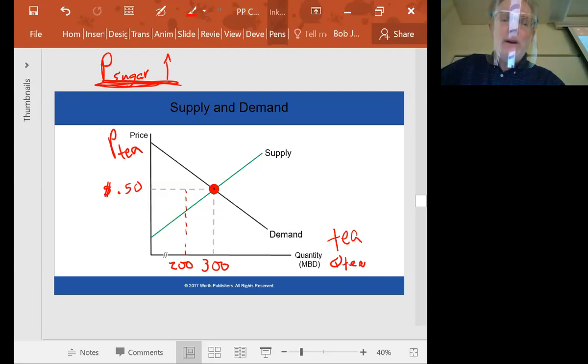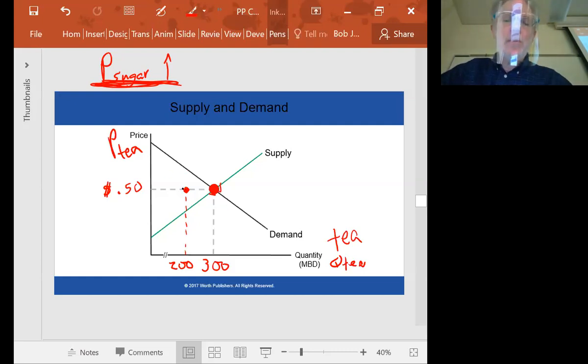Compare this point on the demand curve to this point. Okay? This point told us initially tea consumers will demand a quantity of 300,000 at a price of 50. But because of this change that has occurred, their behavior changes. They are not going to want to do this. That point is now replaced by this point. Okay?